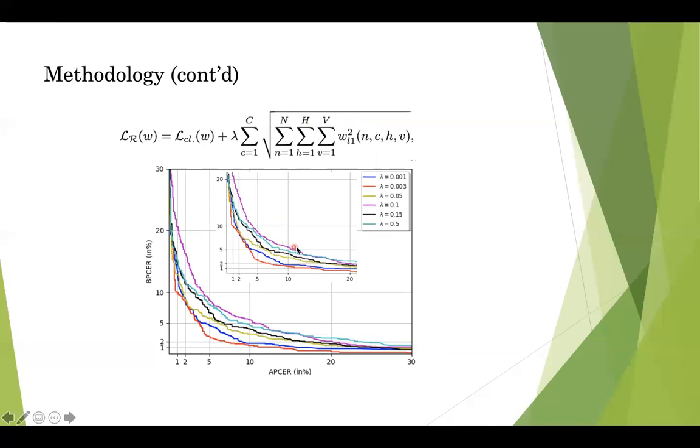Based on this figure, lambda equal to 0.003 gives the highest performance when our trained deep neural network is evaluated on the validation set of the universal dataset. So the red curve is the optimal value for our hyperparameter lambda.